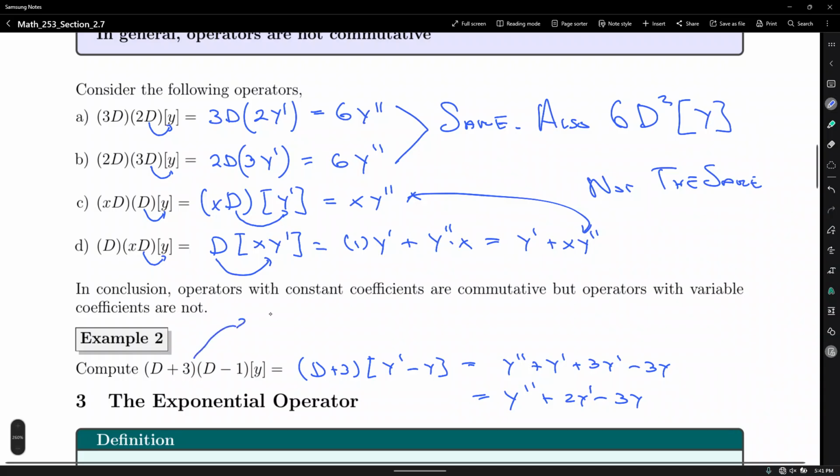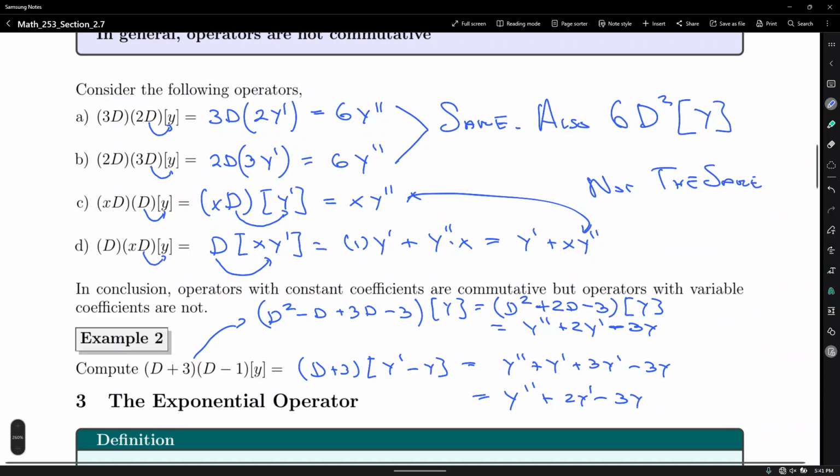So this would be d squared minus d plus 3d minus 3, which acts on the function y, which is d squared plus 2d minus 3 on y. Do you guys agree we're going to get the exact same thing? This will be y double prime plus 2y prime minus 3y. Same result.